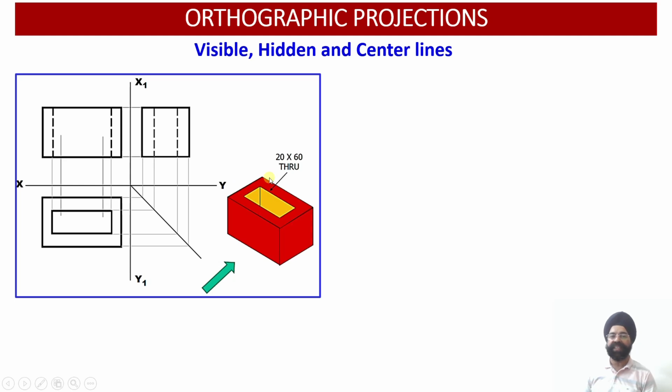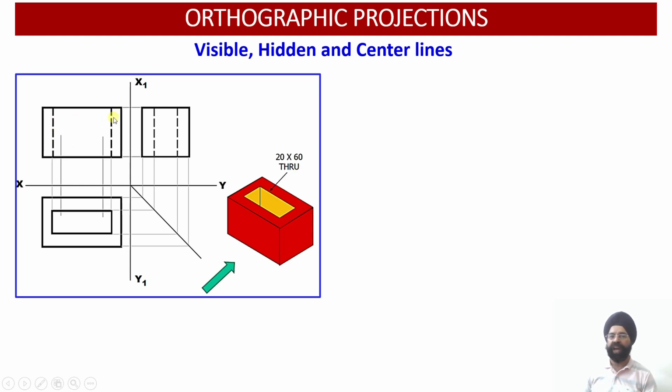So here is another example. Here you can see we have a rectangular prism which has a hole within. This hole has a size of 20 millimeter by 60. And if I just write 20 by 60, does it give me any idea what the depth of this hole is? No. If I write down "through" over here, it means this hole will be running through.